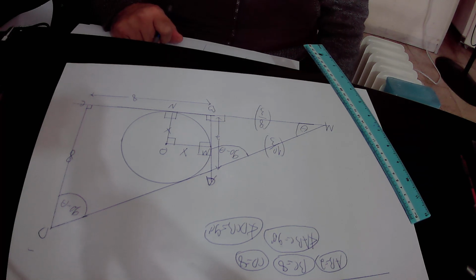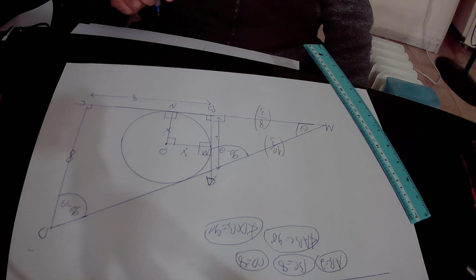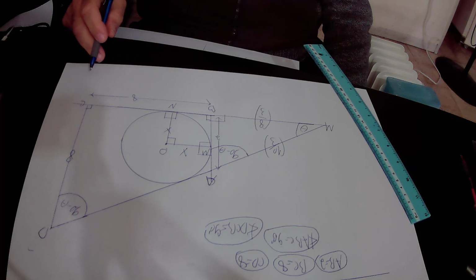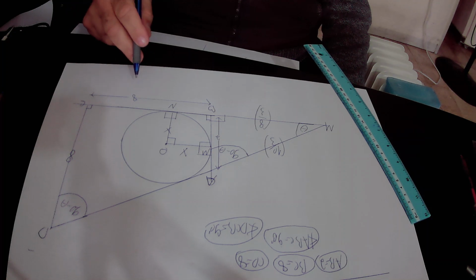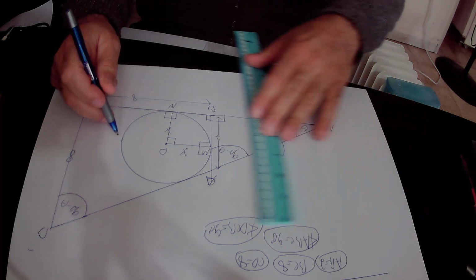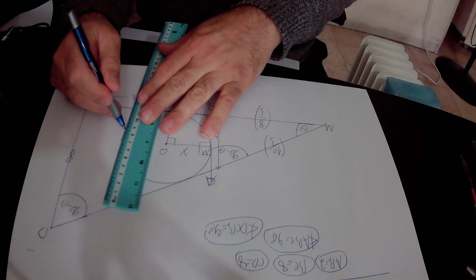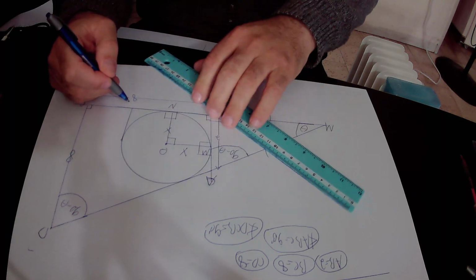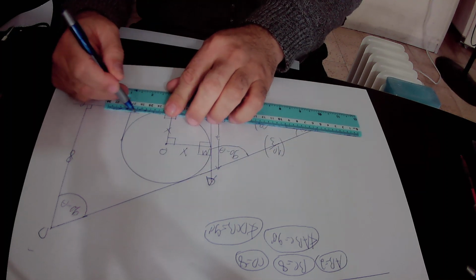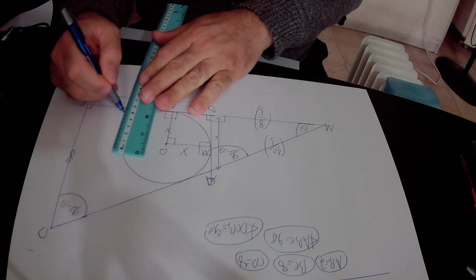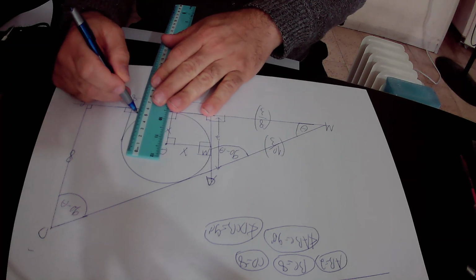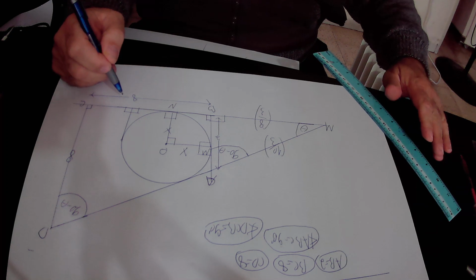In the next step, we'll do a construction. We'll draw a perpendicular on BC in such a way that it will also be tangent to the circle. So this is perpendicular, that is to say this angle equals 90 degrees, and this angle equals 90 degrees according to our construction.